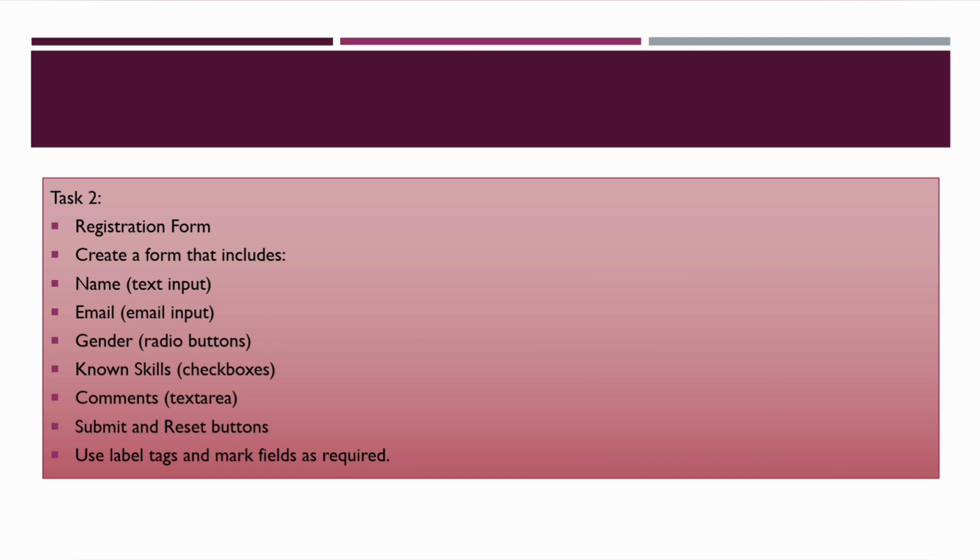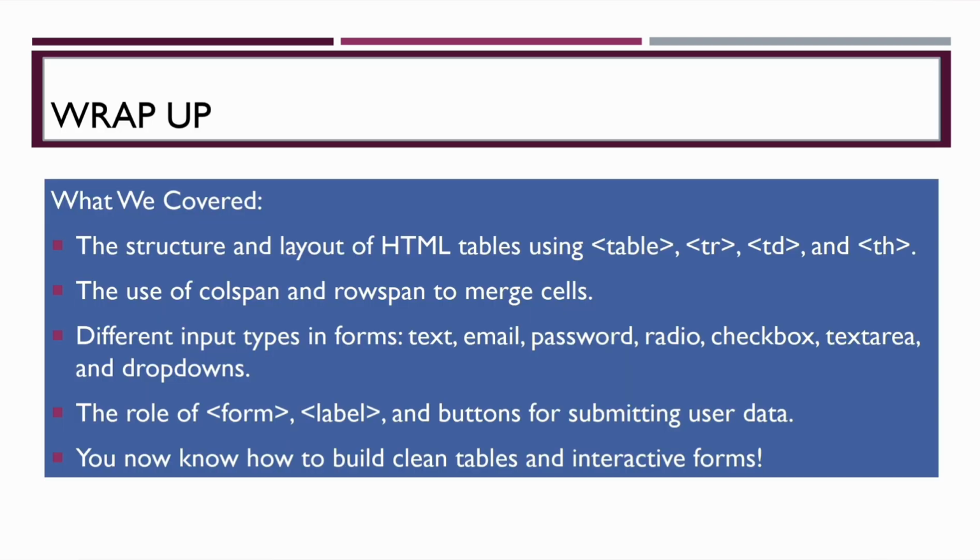Use the label tag and mark the field as required. Like inside the label tag you just mark the field as required. Yes guys, let's try to do all these using whatever tags you have learned in this class. Okay, let's go to the next slide.